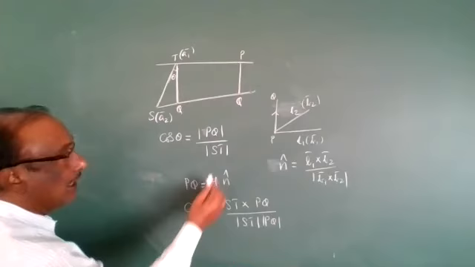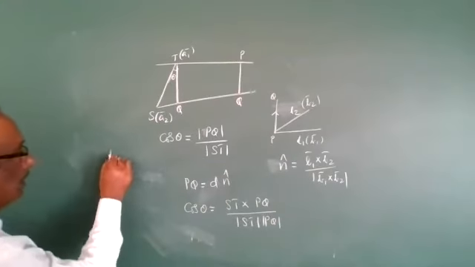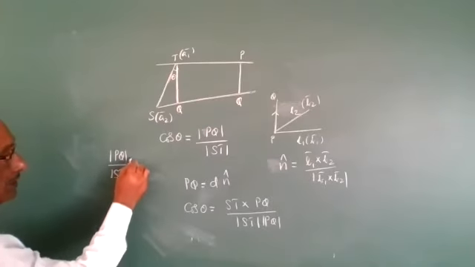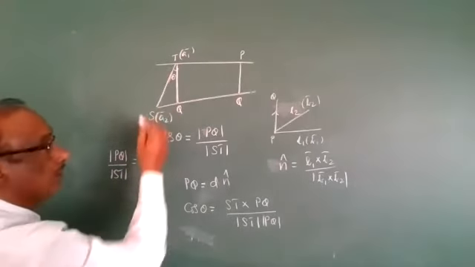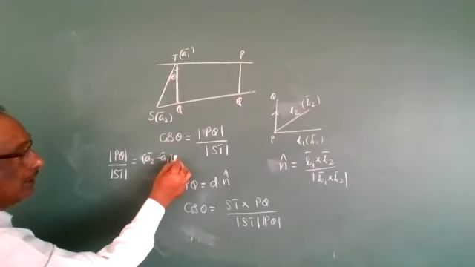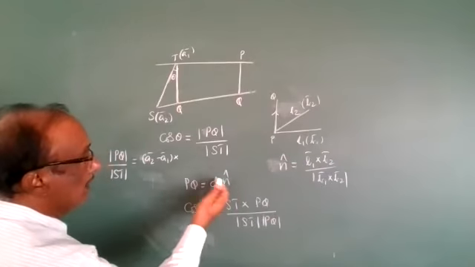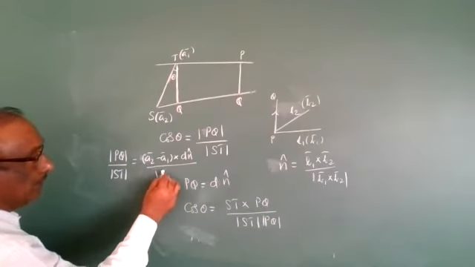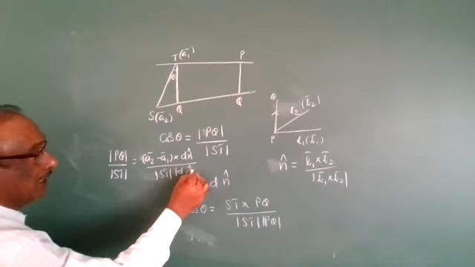Now write down the cos theta value: modulus of PQ by modulus of ST is equal to ST, meaning A2 bar minus A1 bar, dot PQ bar, and we already know PQ bar is D into N cap, by modulus of ST into modulus of PQ, meaning D into N cap.